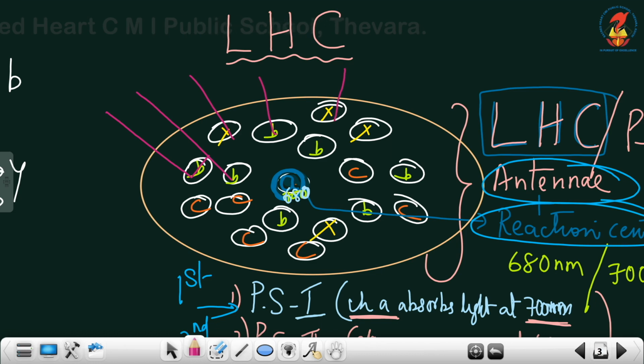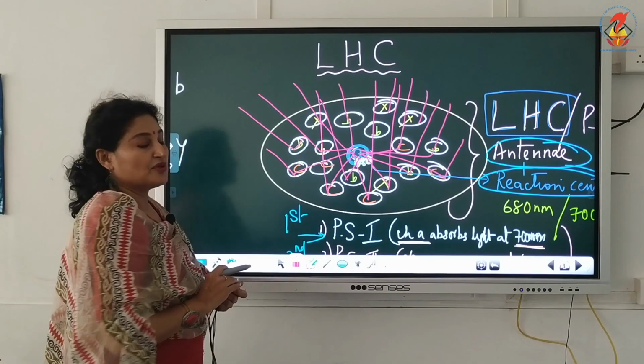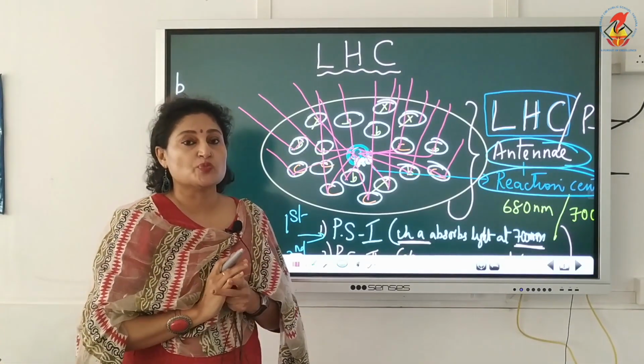See, they absorb the sun's light at different wavelengths, and they send it to the reaction center. All this energy is transferred to the reaction center, and thereby they make the process of photosynthesis very efficient.